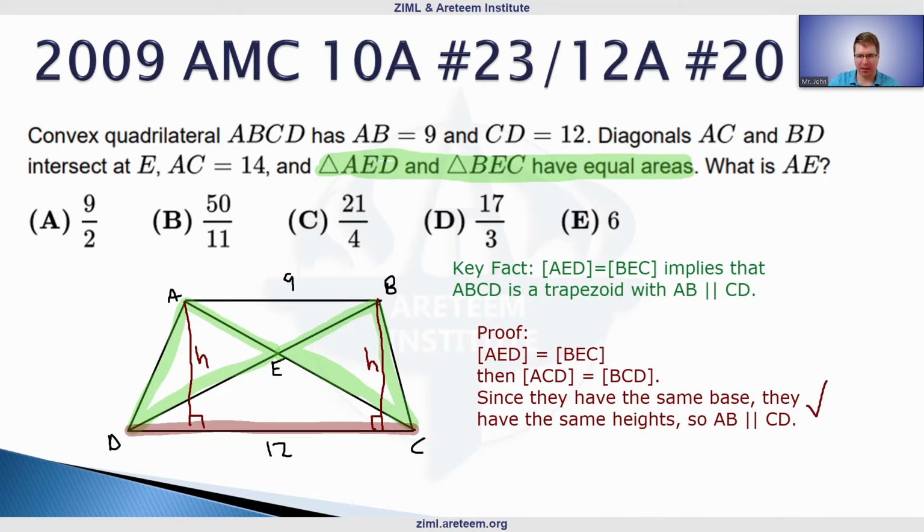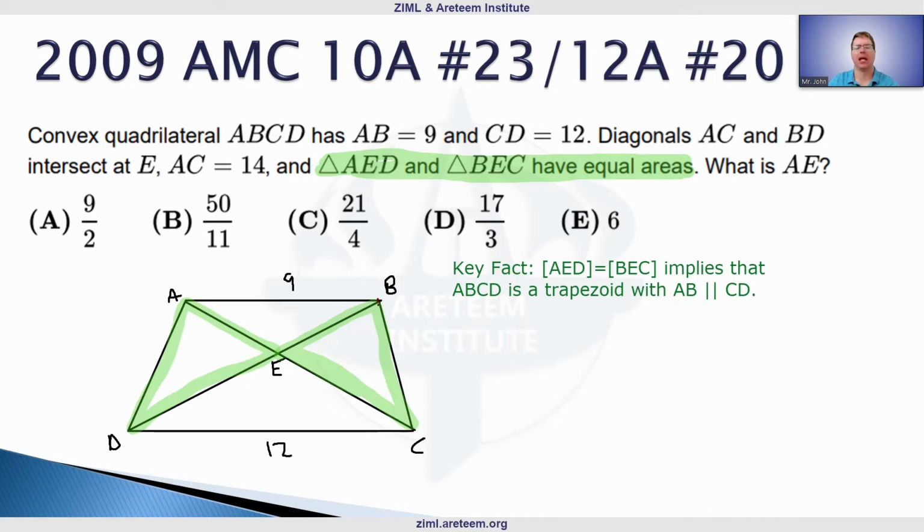Like I said, I'm just going to erase that so we don't have it messing up the rest of the things here. But that is something you should at least be somewhat comfortable with proving yourself as well.